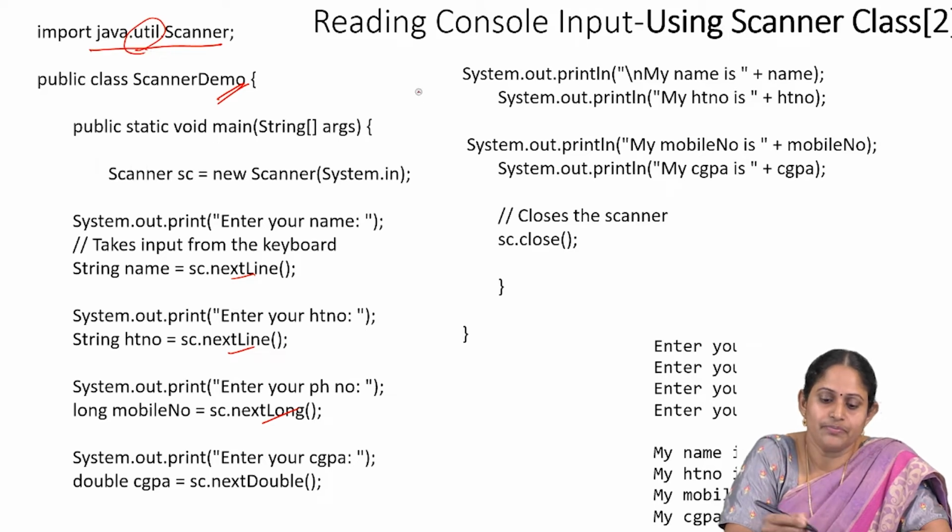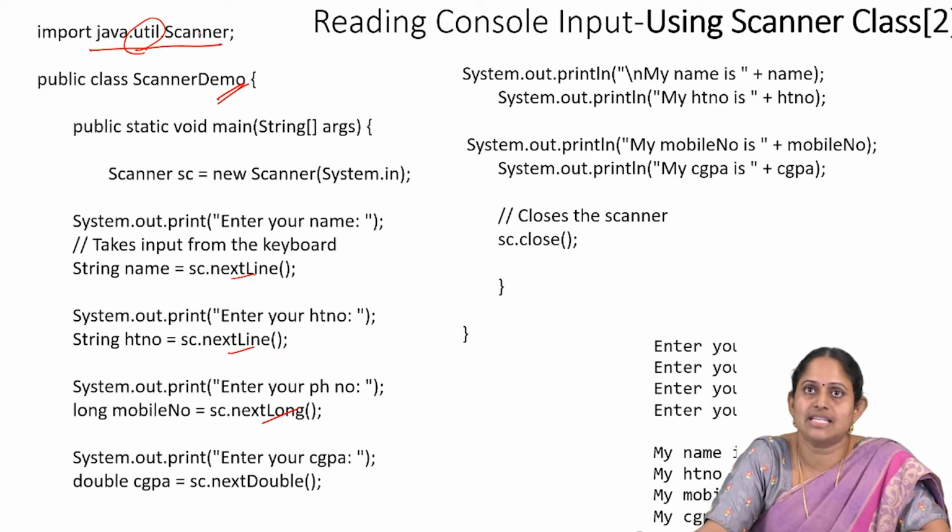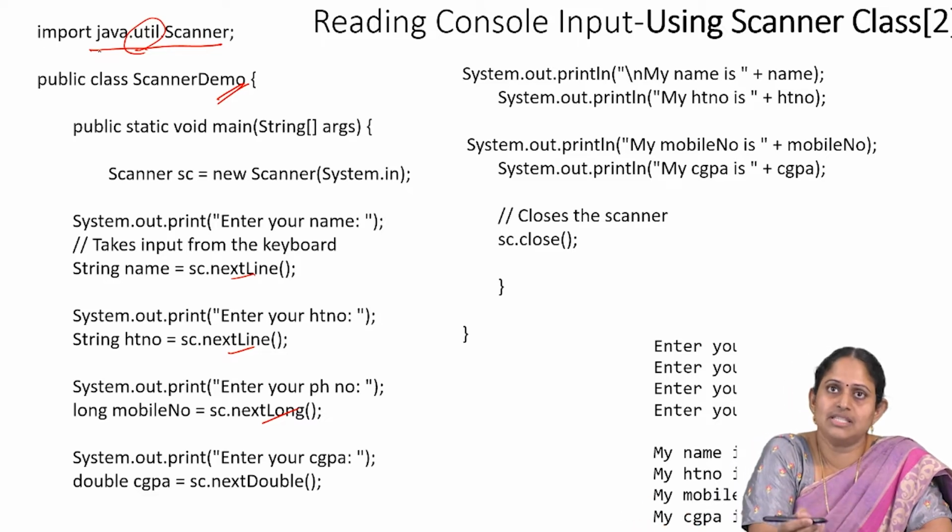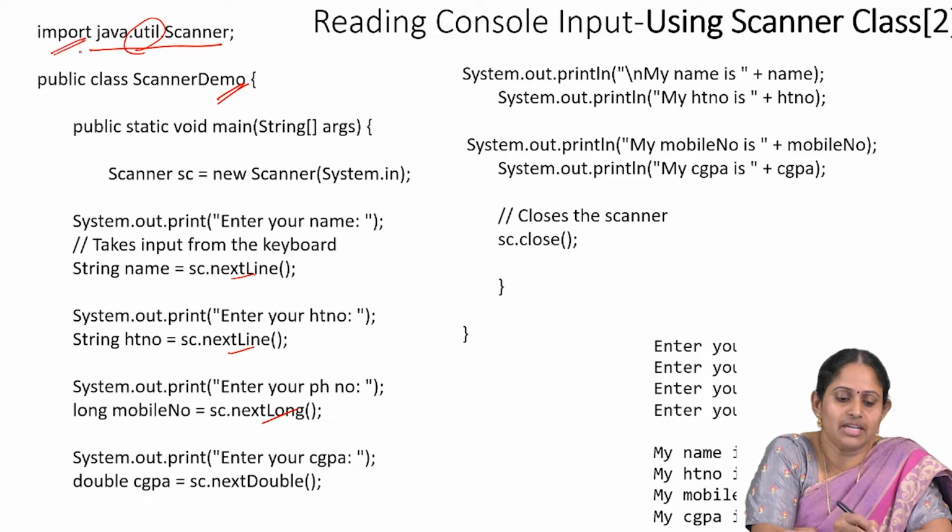So we have to import that Scanner class into our program. To import, we use the import keyword: import java.util.Scanner. That means from the root package java, inside that we have the util package, and inside that we have the Scanner.